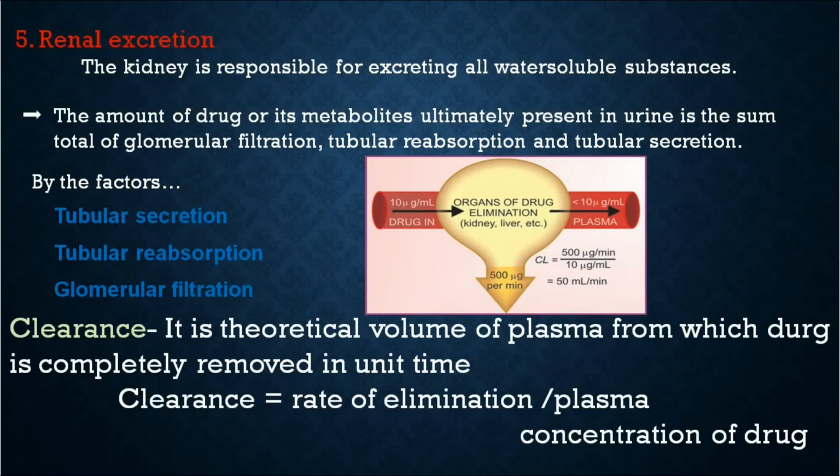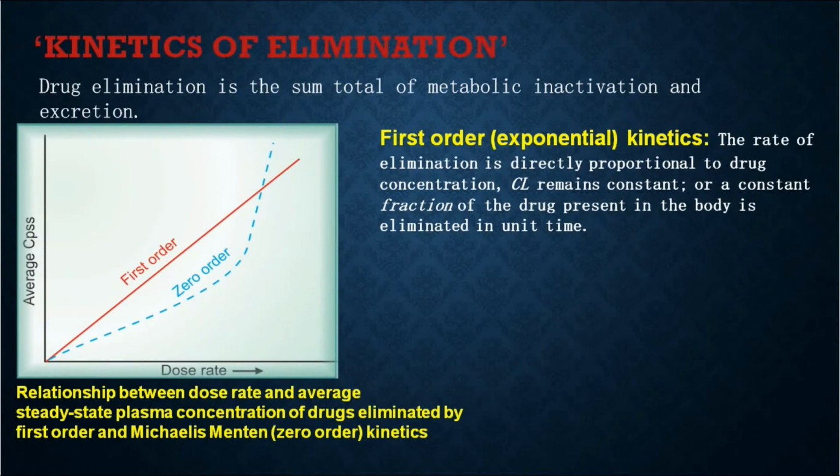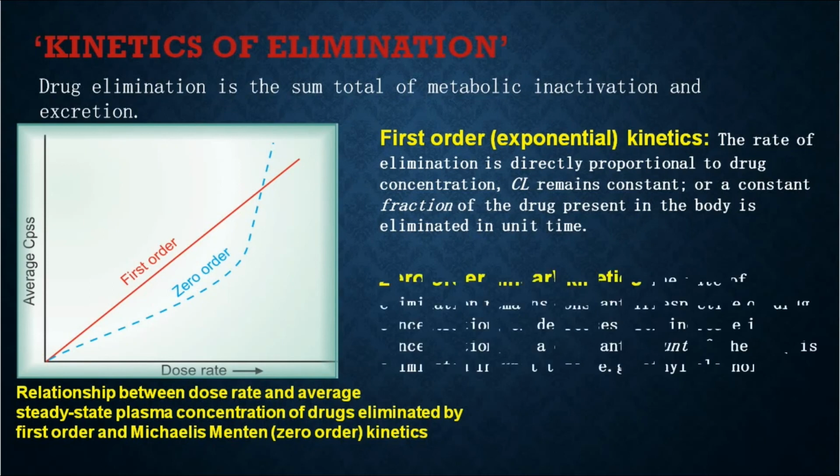Question comes on clearance and order of kinetics. Clearance is the rate of elimination divided by plasma concentration of the drug. Kinetics of elimination: first order kinetics is exponential, that is, the rate of elimination is directly proportional to drug concentration and clearance remains constant.